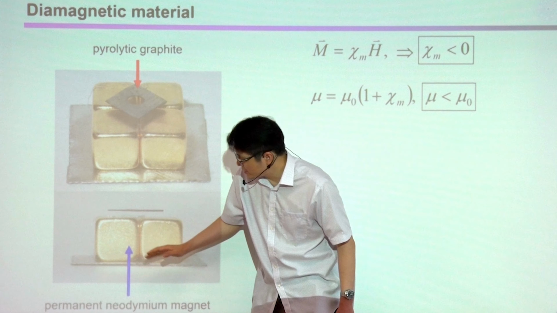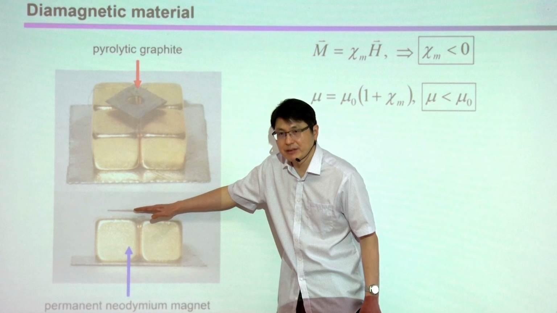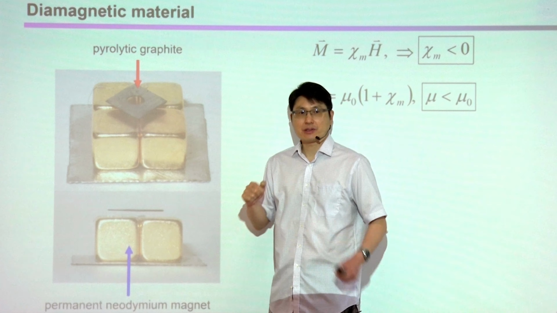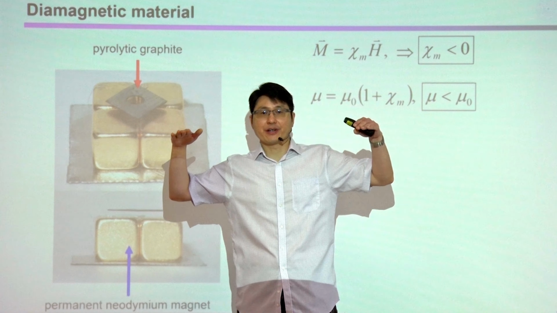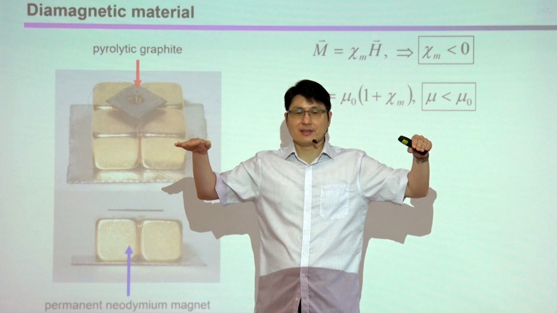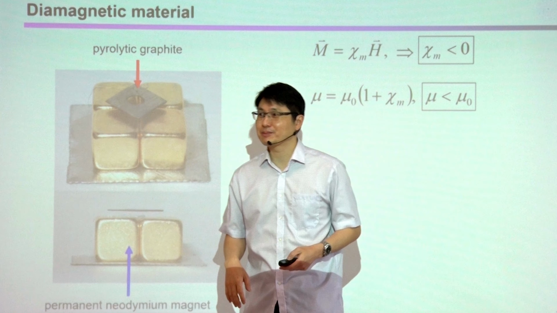So in this case, you have a diamag suspended in air. Can you think of why? This is like me floating in air and teaching you this course. I mean, don't laugh. It is possible. Really, it is possible.